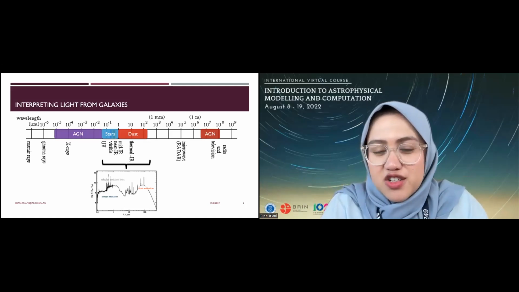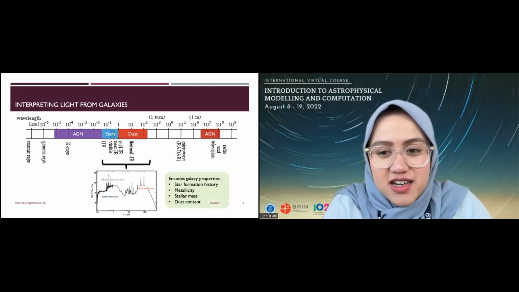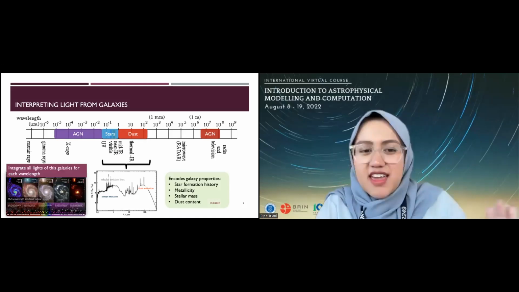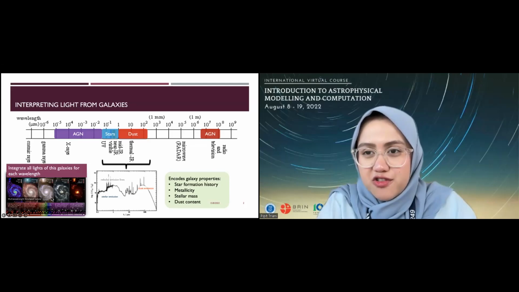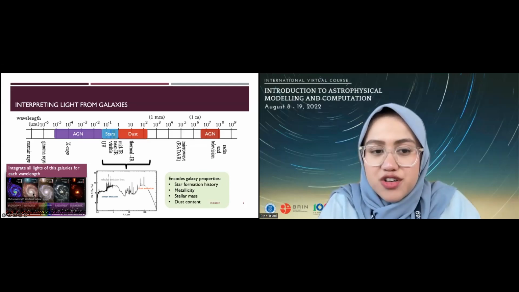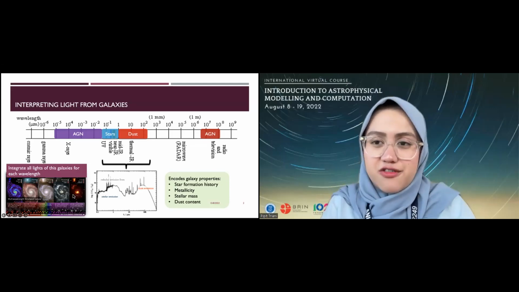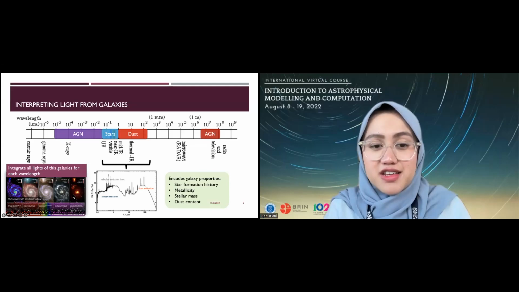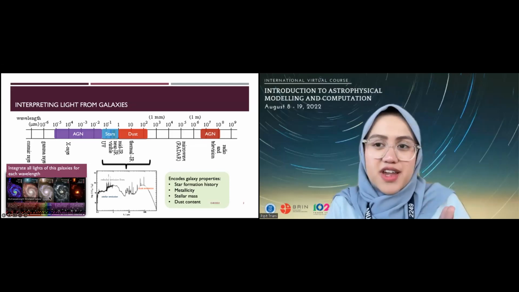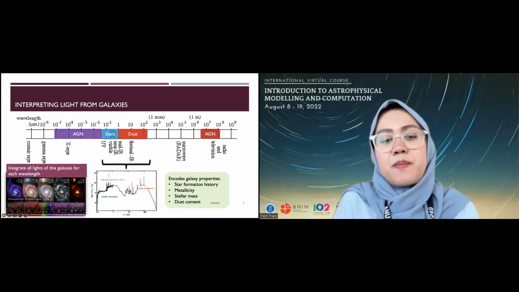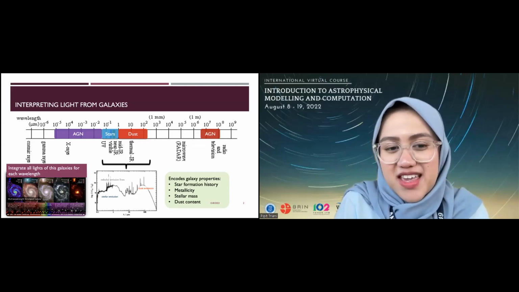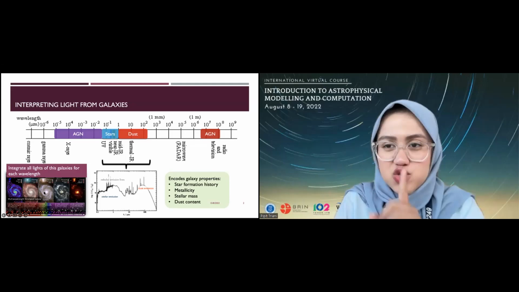distribution. So what you see here is basically, we have seen these images before, right? Like the image of one galaxy in radio, infrared, optical, ultraviolet, and X-ray. But now, instead of presenting it as an image, we integrate, so we sum up the light of this galaxy in this wavelength as one number.